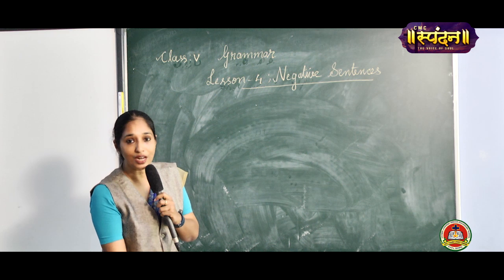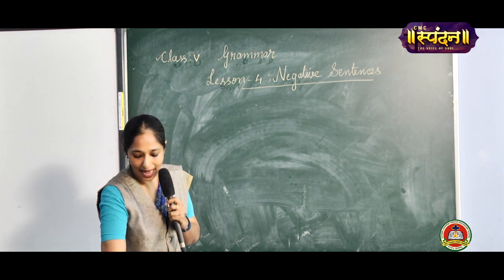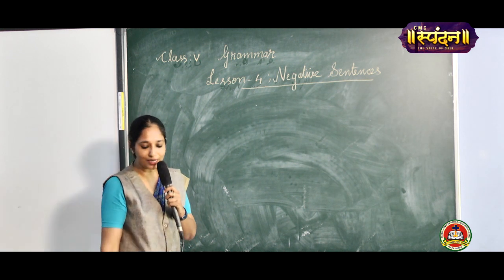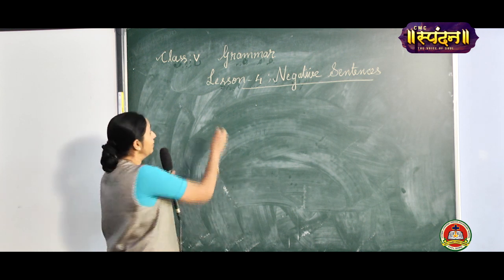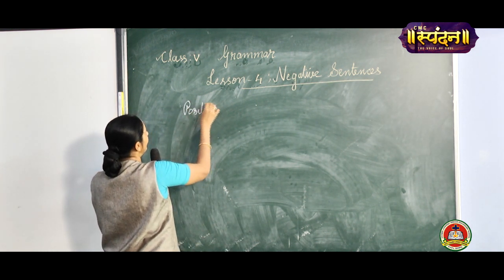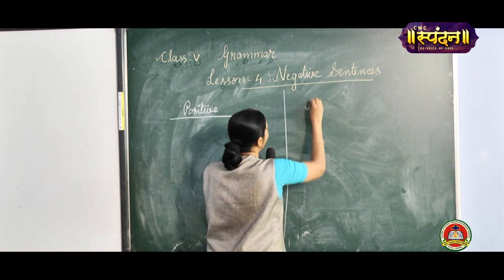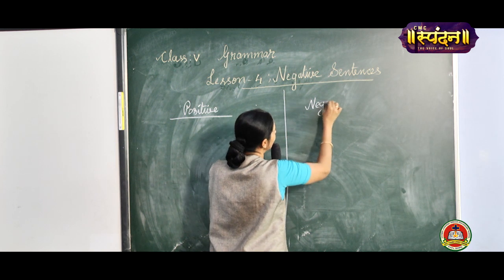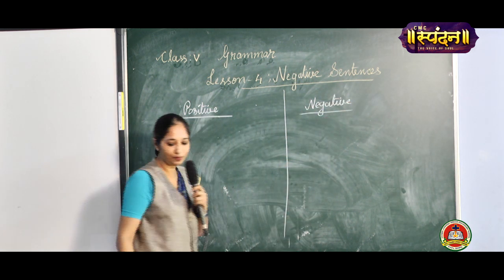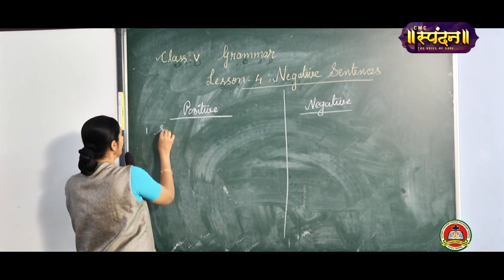Let's try to do a few more examples in positive sentence and negative sentence. I would like to write a few examples in positive and also in negative. This is the column for positive sentence, and here we'll convert those sentences to negative. Example 1.